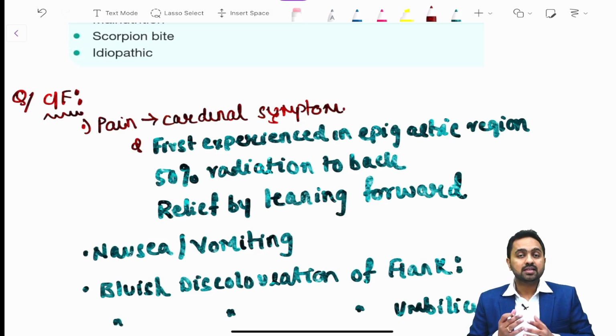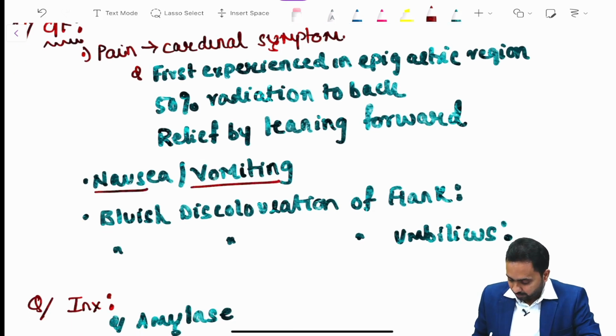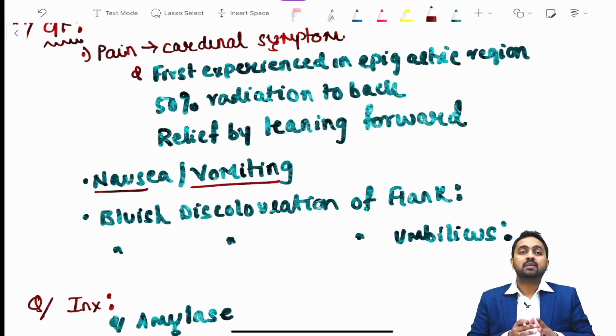So, when you see a patient in your emergency setup where the patient complains of epigastric pain and gives a classical history that the pain is relieved on stooping forward, it gives a hint towards acute pancreatitis. Then it may be associated with nausea, vomiting, and there may be features of clinical shock, and on examination there might be tenderness or rigidity in the epigastric region, right.